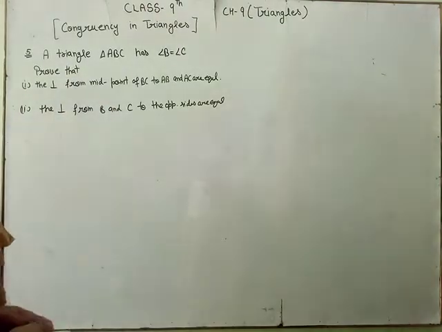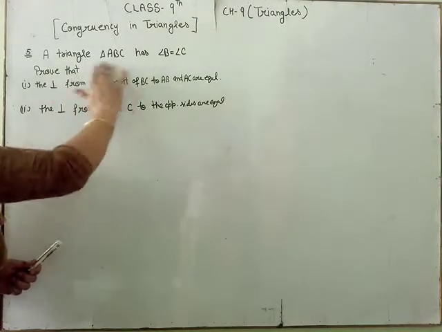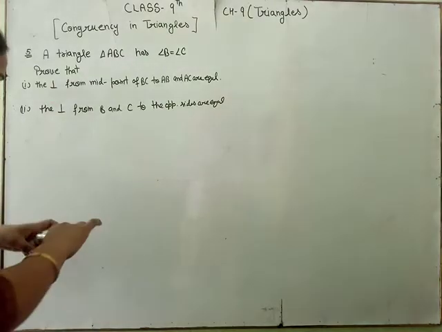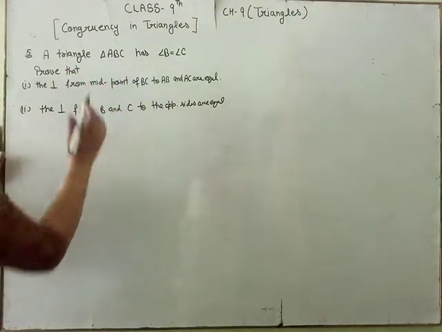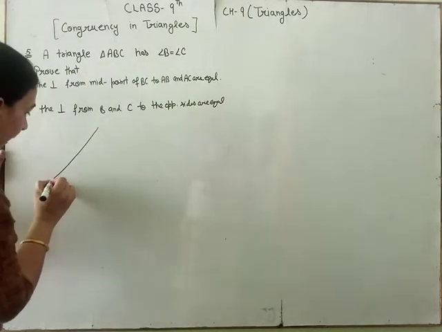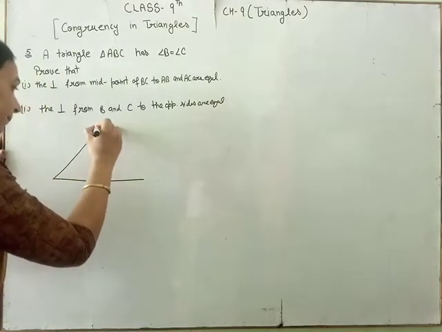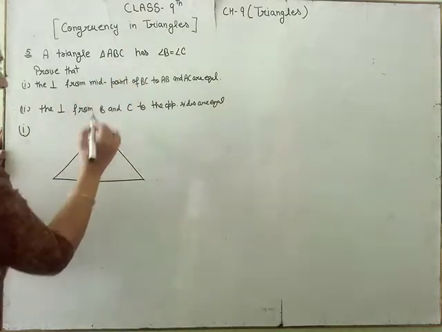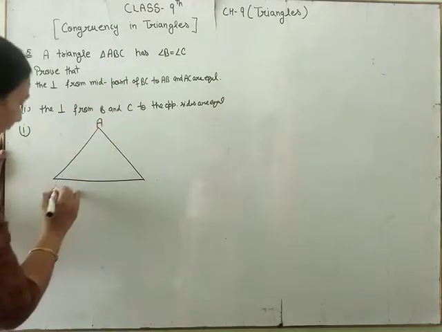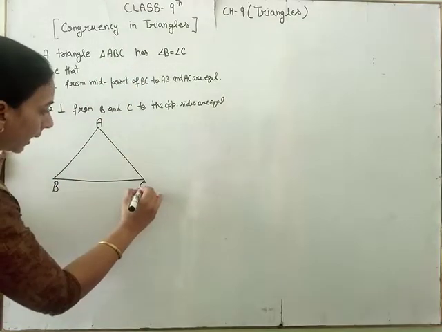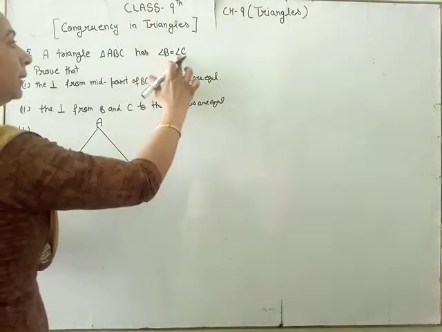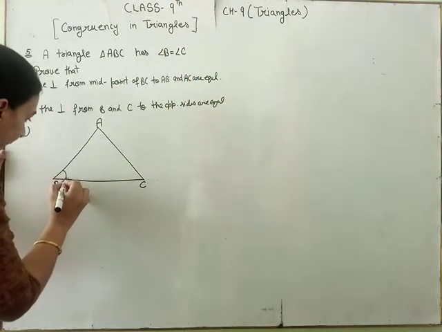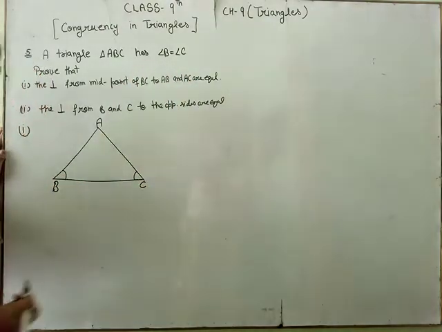Okay, first I will take the first part. First I draw a triangle ABC. Let the names be A, B, C. And given angle B equal to angle C. Angle B and angle C both are equal.